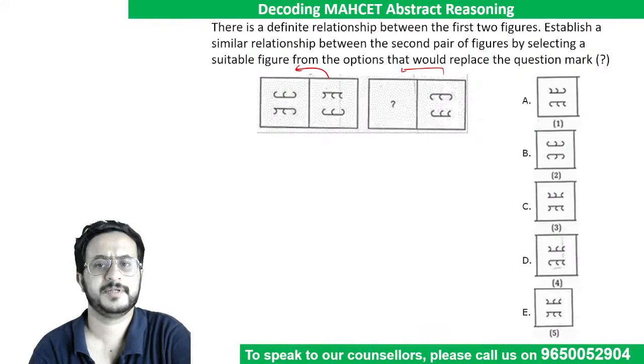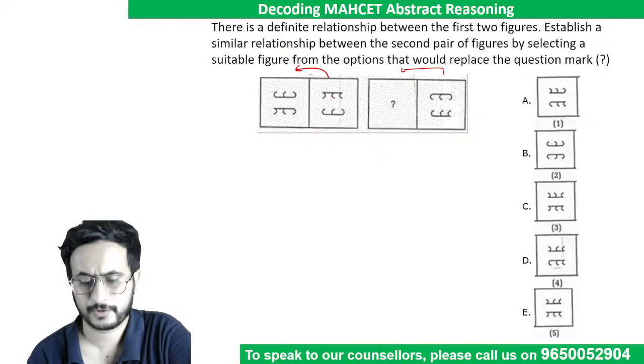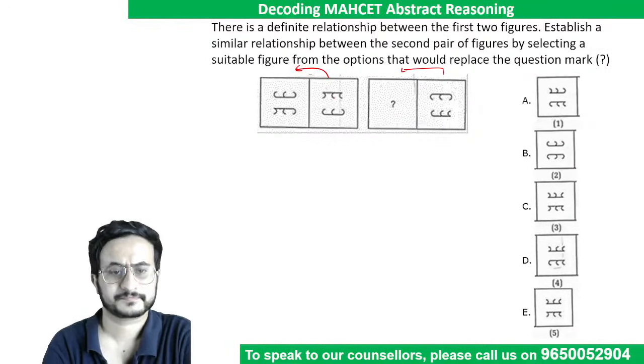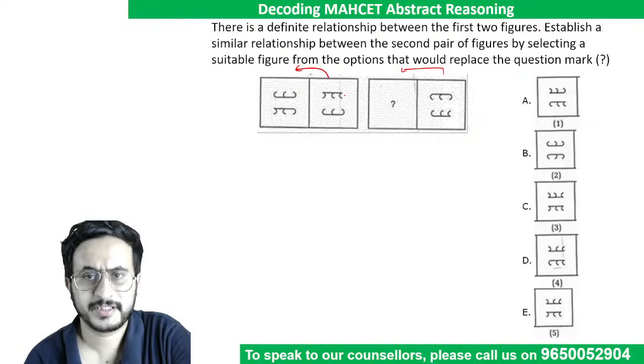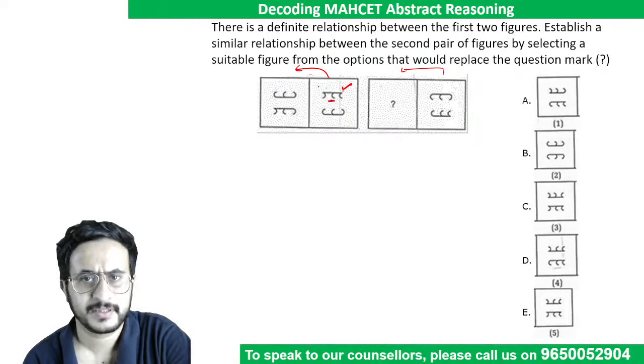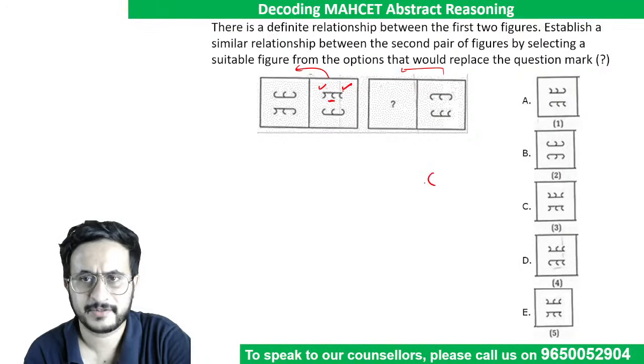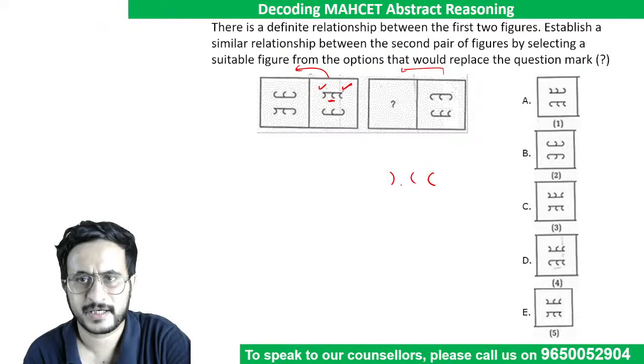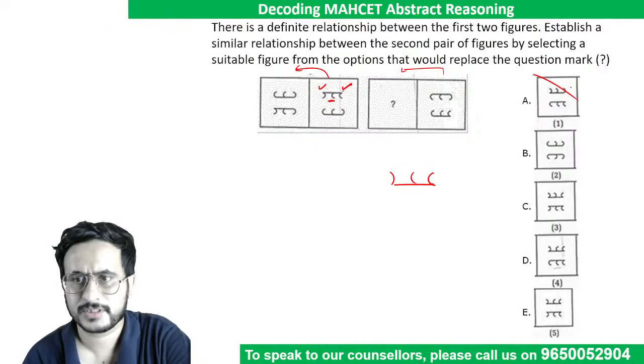Which of these will be the changed format? If you see, this was facing this side, this is facing this side. So this you have to change. This remains facing the right hand side, so this remains same. This will change. So we'll make the changes here. We'll make it face this side, and this will be the line like this. So this you can eliminate.